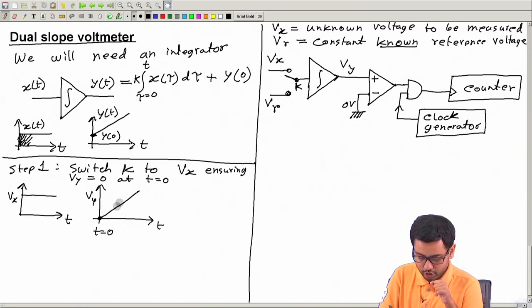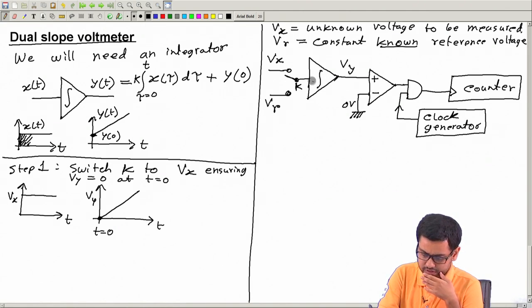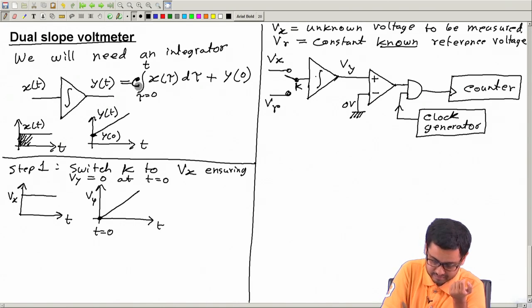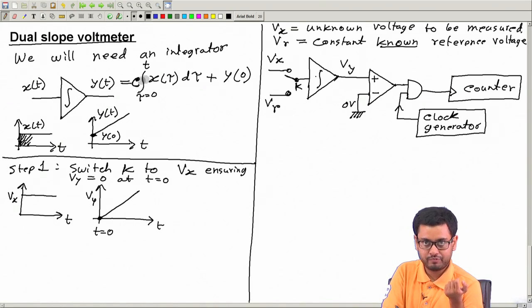How fast will this grow? This will depend on the value of Vx. And if the integration constant is, okay, I have already used K here, so there is a conflict, so let me call this constant as c. c is the multiplication factor which gets multiplied with the input.